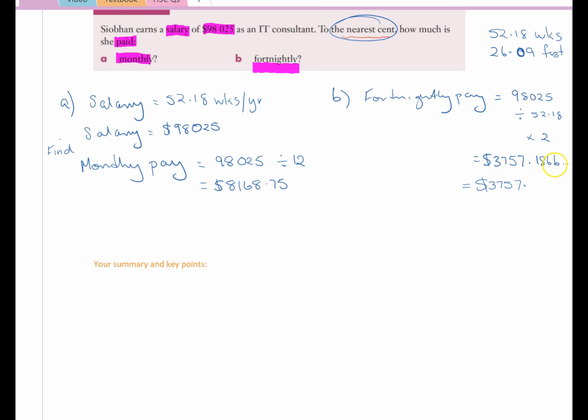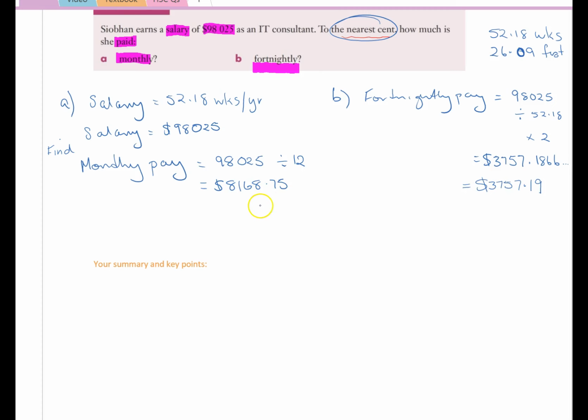Now, we use the same rounding techniques that we always use in maths, where if the first number that you're cutting off is a number 5 or greater, you must round up. So we would say that this rounds up to 19 cents. Fortnightly pay is $3,757 and 19 cents.